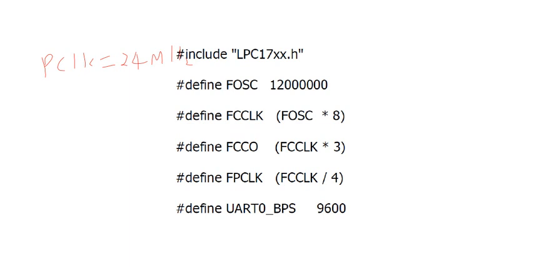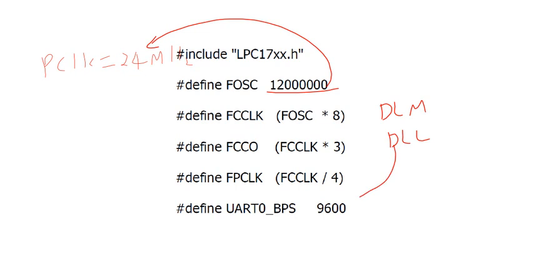Now our clock frequency is 12 megahertz. We have to convert this clock frequency to 24 megahertz so that we can easily tell in DLL and DLM what value we have to store for the baud rate 9600. So this is what we are going to see here.